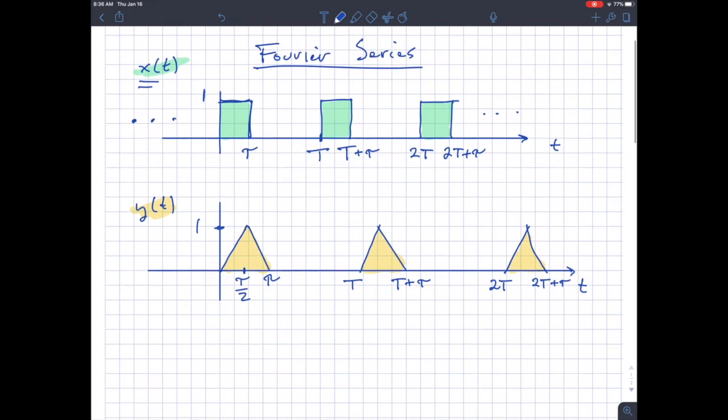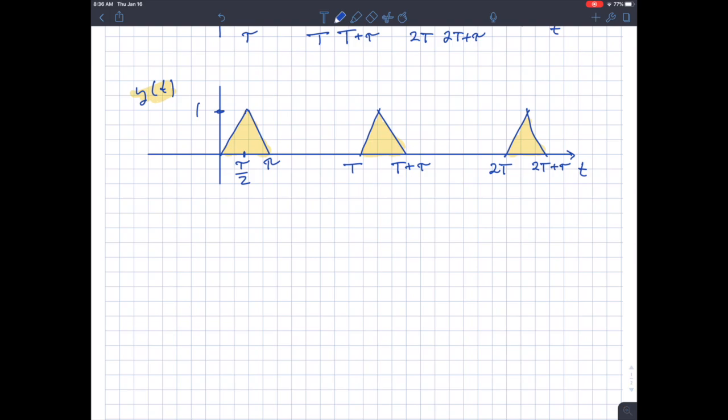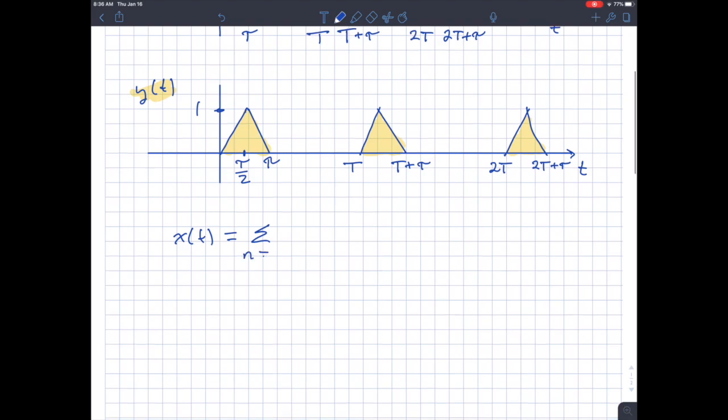All right, so let's start with x of t. One of the things we know about Fourier series is that x of t, since it's periodic, can be written in the complex exponential form Fourier series. So n equals minus infinity to infinity, Cn's, these are the Fourier series coefficients, e to the j n omega naught t, where omega naught is the fundamental frequency, which is 2 pi over cap T, where cap T is the fundamental period.